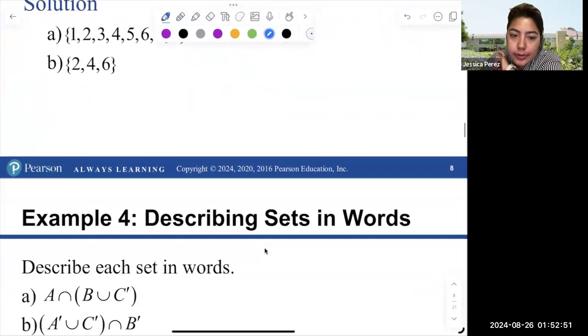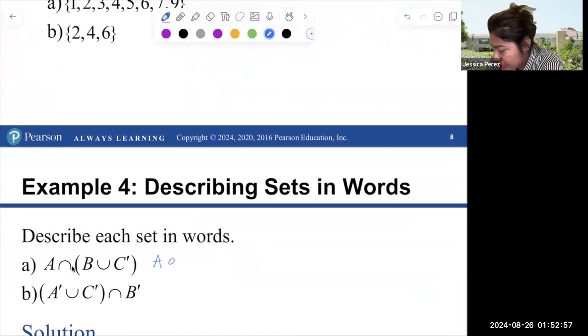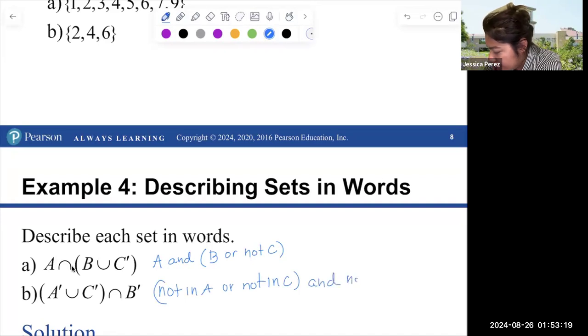Describing sets in words. So this is A and B or not C. And for the next one, there can be different choices. You could say not in A or not in C and not in B. Look at this.